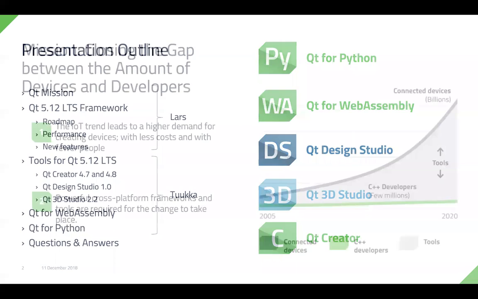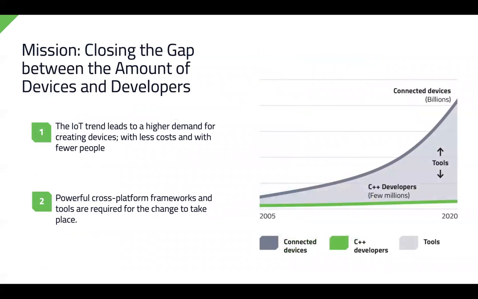Okay, but let's get started with the mission. What are we really trying to achieve, and what have we been working for over the last couple of years? What we're seeing is that there's an increasing trend and an increasing demand for software being developed. If you look at the IoT space as an example, but many of those things also relate in other areas, we are seeing that there are more and more people and companies that want to create connected devices, and the number of those devices is going up almost exponentially.